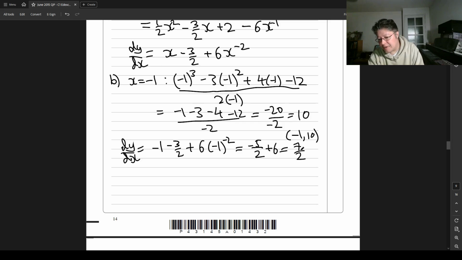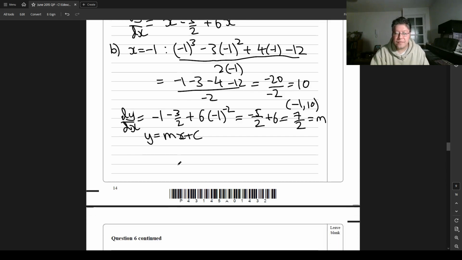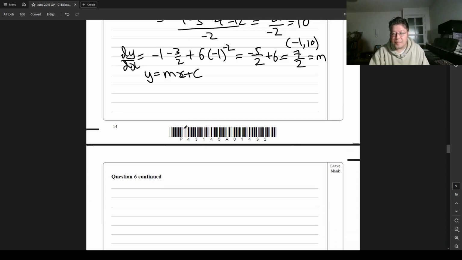And this is going to be our gradient, so we've got a point is minus 1, 10, and m, the gradient, is 7 over 2, so we can now do y equals mx plus c. And let's substitute m first. So we first get y equals 7 over 2 x plus c. And now we want to work out c.